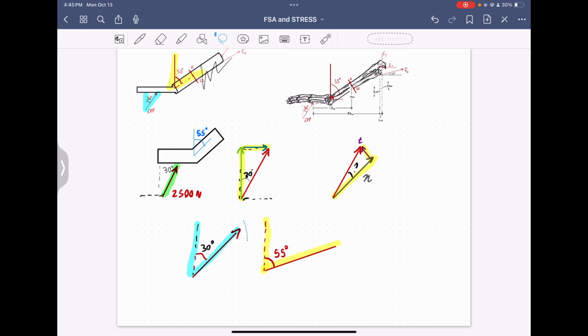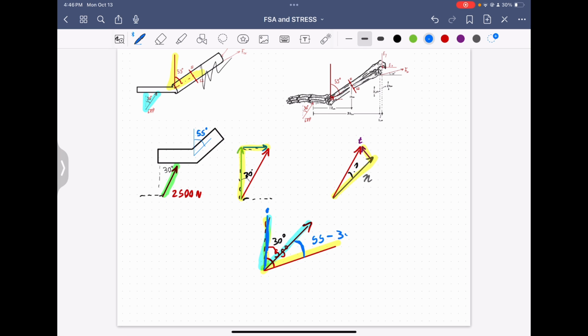What do we do? You align them. Now we know this angle right here is going to be 55 because they both share the same vertical line.